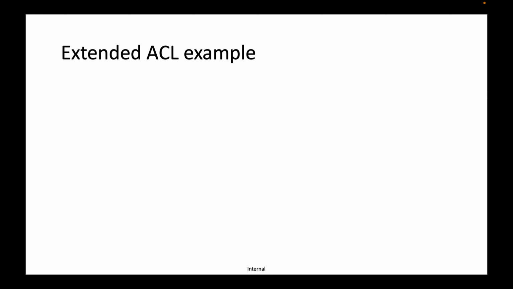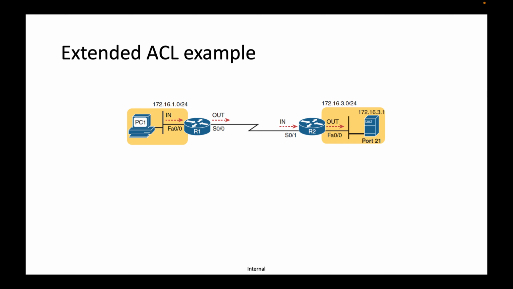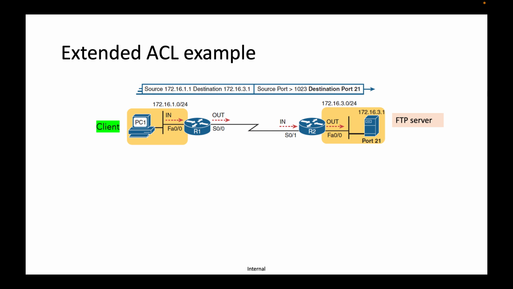So let me take an example of an extended access list. The FTP server is sitting on the right, and the client is sitting on the left. To permit the communication from client to server, we're using FTP, and the access list for that is to permit FTP traffic from the particular subnet.